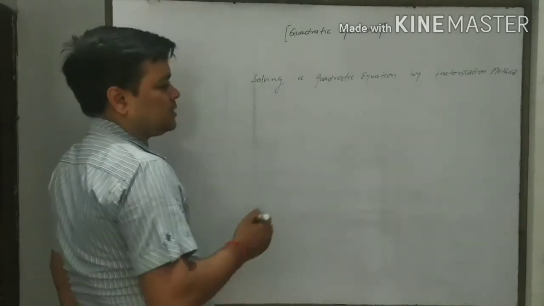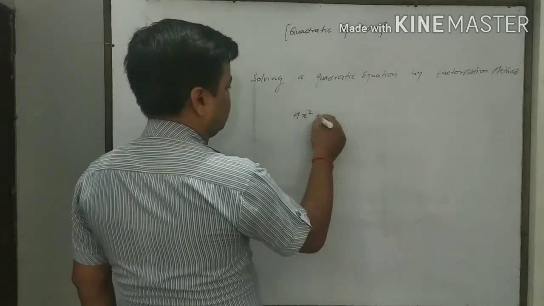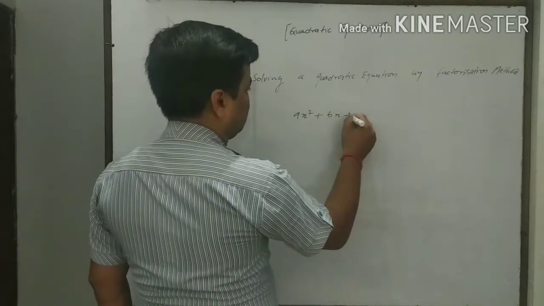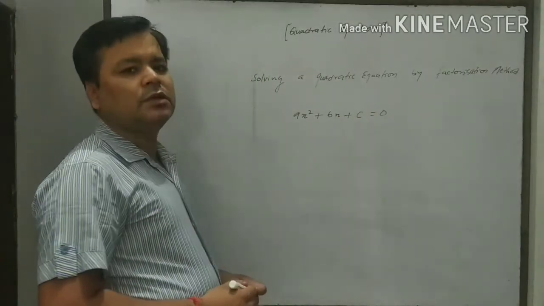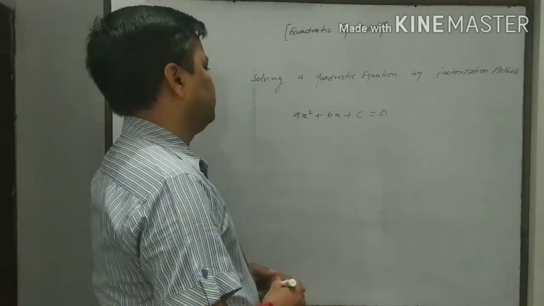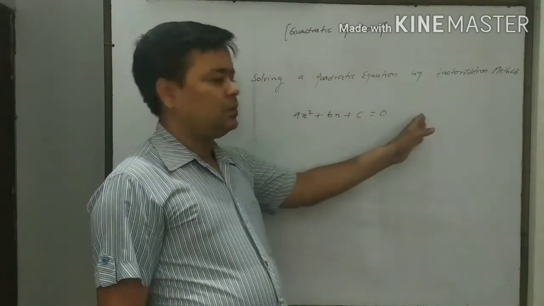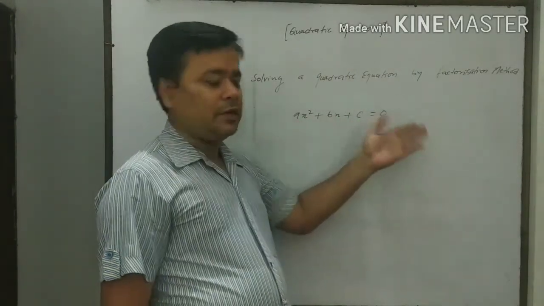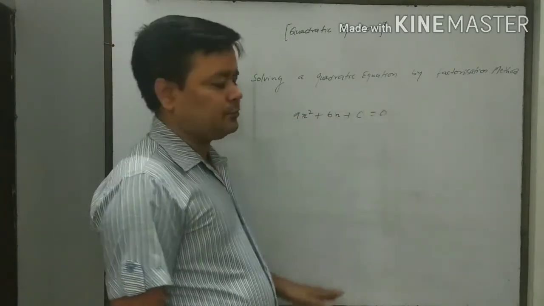We know that the standard form of the quadratic equation is ax² + bx + c = 0, where a, b and c are real numbers, and the value of a should not be equal to 0.